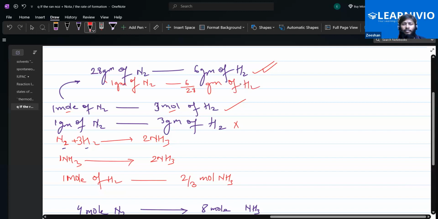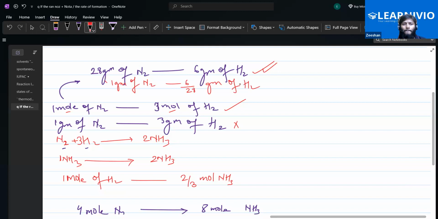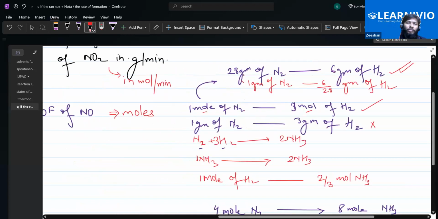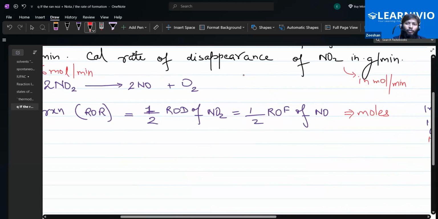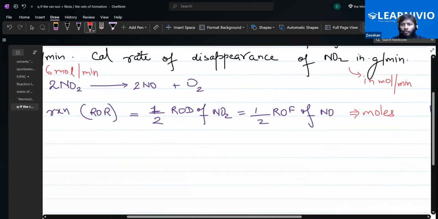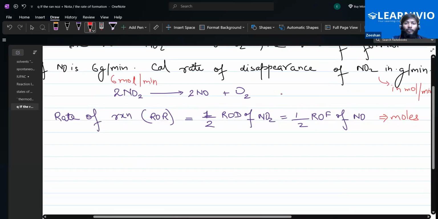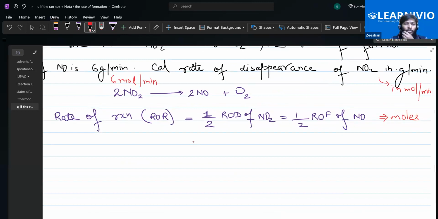Are you getting this? I hope you have understood this. Okay, now we shall come to our real question. Since this is talking with respect to moles, Zaina took out the answer in terms of this only.